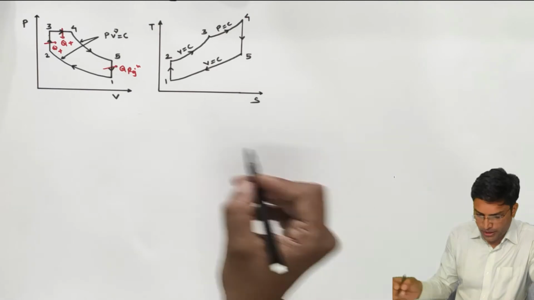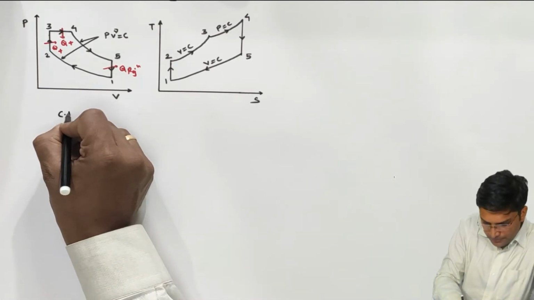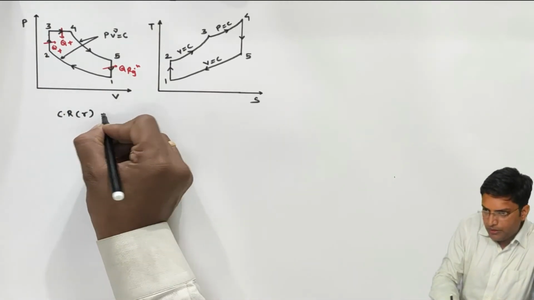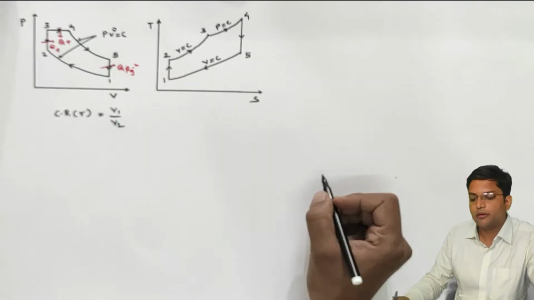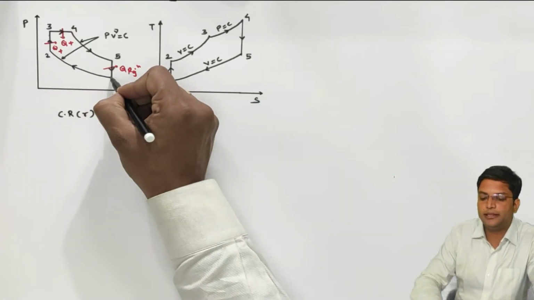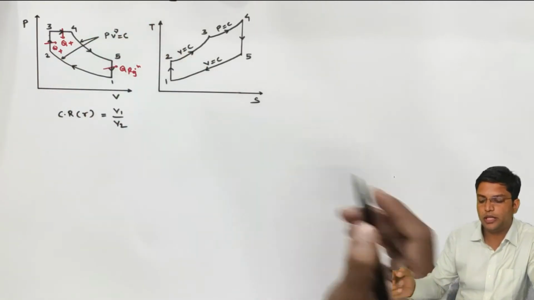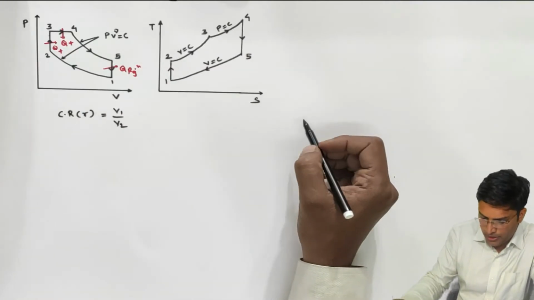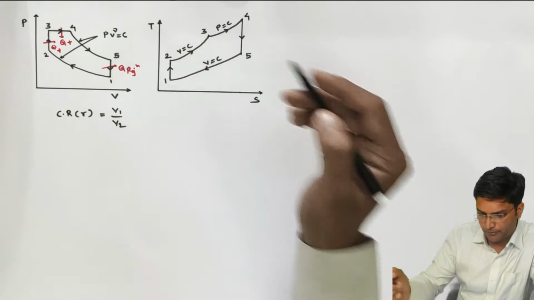Now the compression ratio is denoted by small r, which is nothing but V1 upon V2. From state 1 we compress this air to state 2, hence V1 upon V2 is the compression ratio, and the expansion ratio is from process 5 to 1.